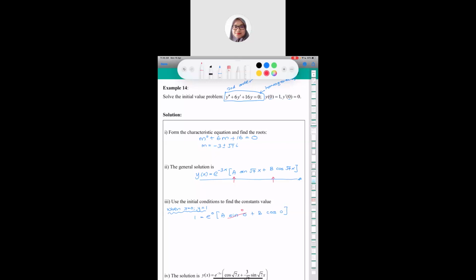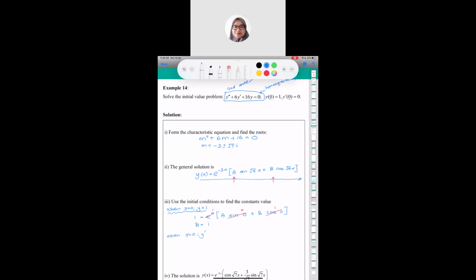Cos 0 is always 1, and e^0 is also always 1. So here I can say that B equals 1.